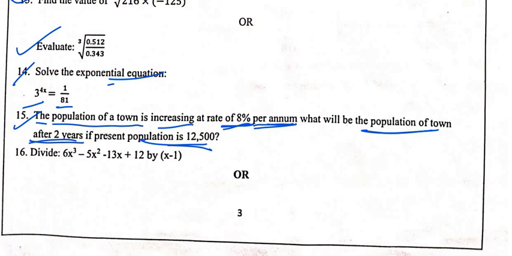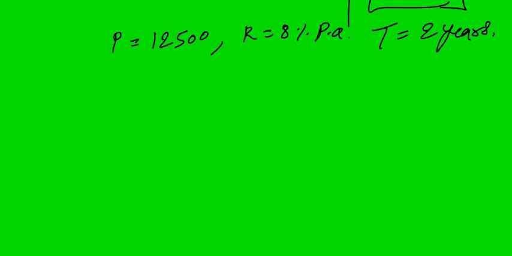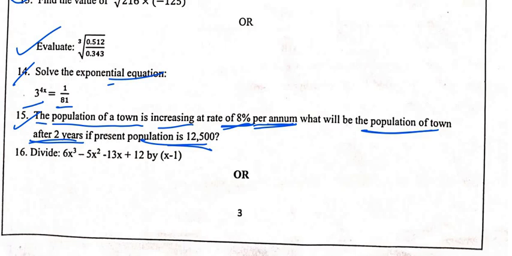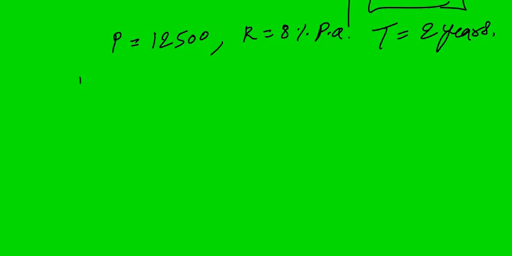So we will find the amount. We simply have to use the formula of CI, that is amount is equal to P into 1 plus R by 100 whole to the power T. You will get the population after 2 years.